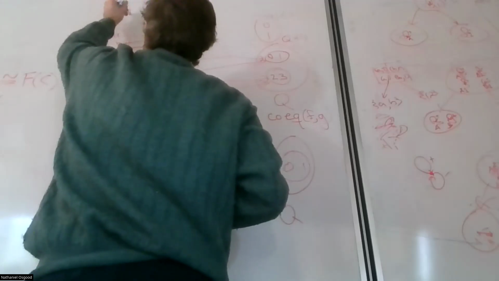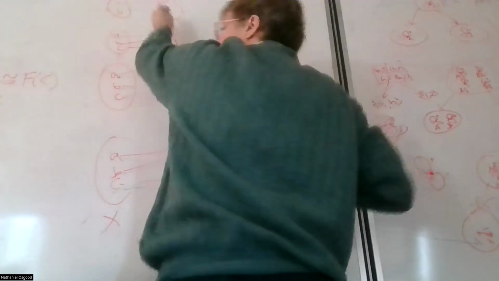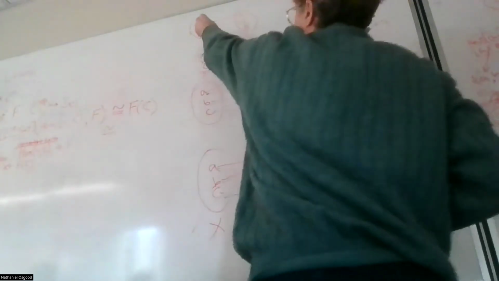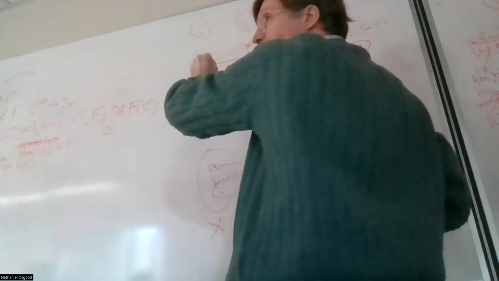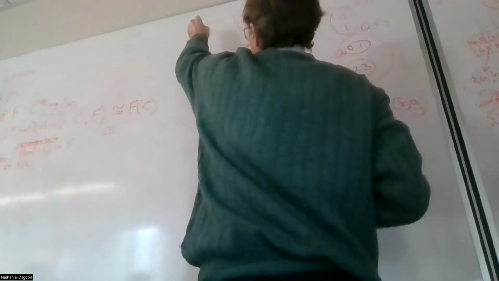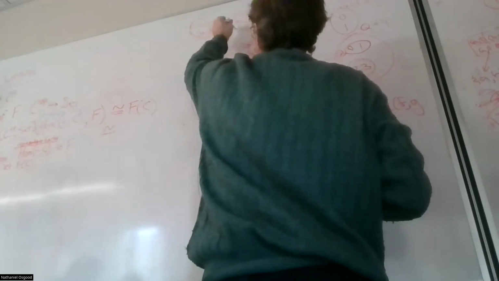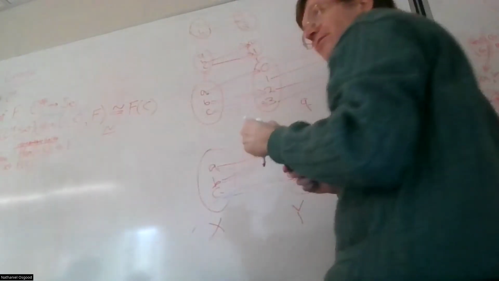We're going to have A mapped by F to 1. A is mapped by G to 2. B is mapped by F to 2. And B is mapped by G to 3.